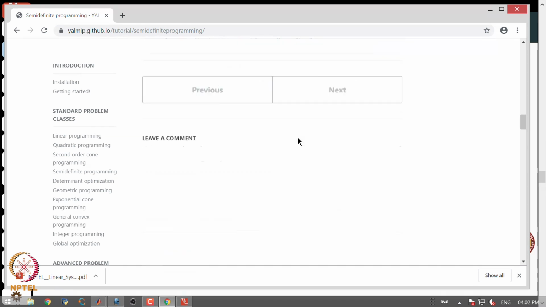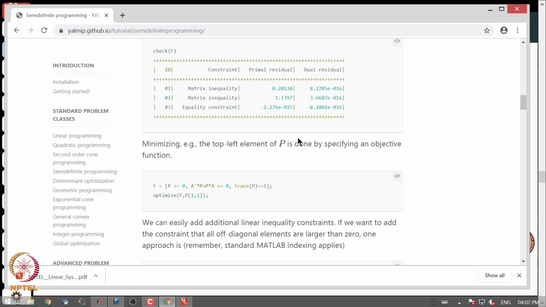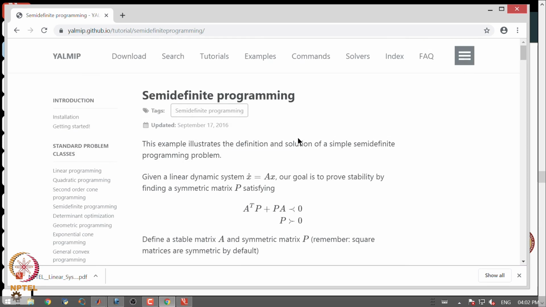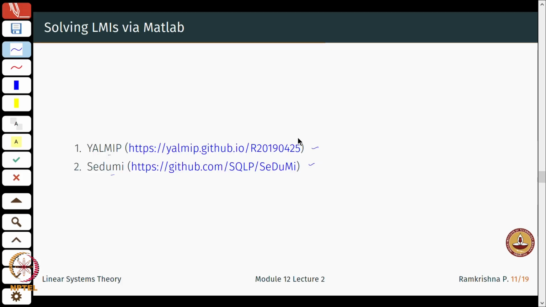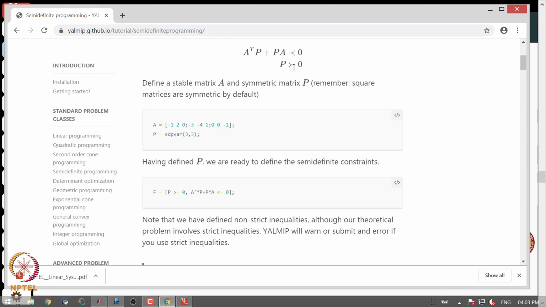To handle this, we could add some kind of a threshold to P. Instead of checking for P being greater than 0, which is the condition YALMIP checks by default, you could also check for P being greater than or equal to 0.001, just to add to this strictness here.